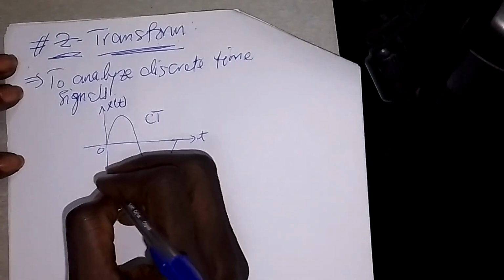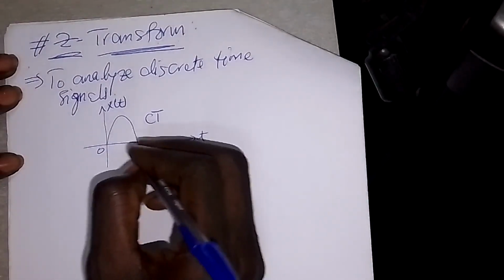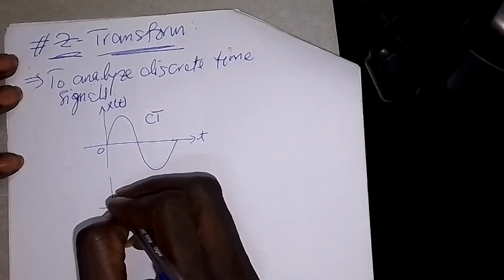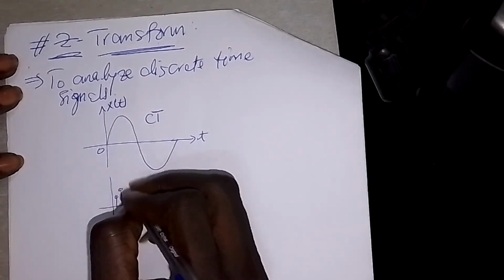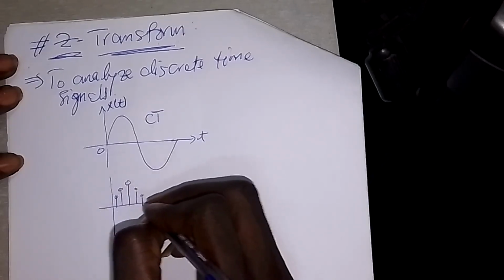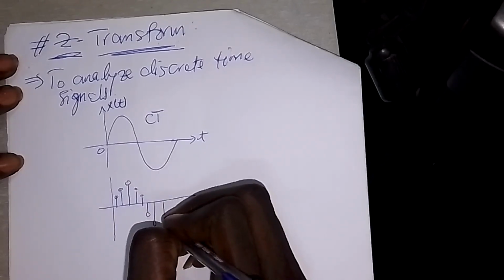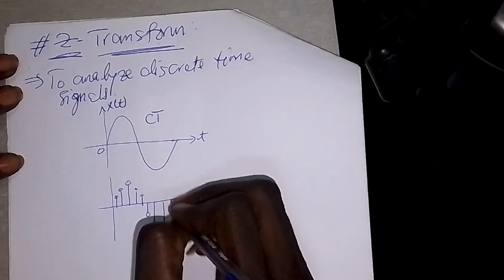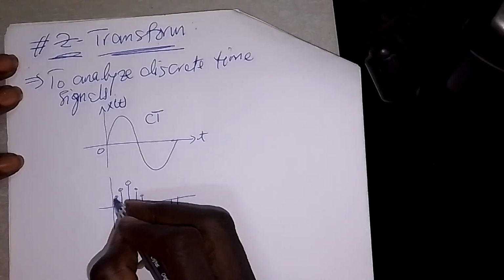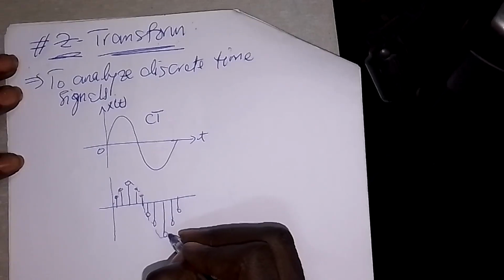From this signal I can realize another signal by taking samples of this one. You can see that this signal is very similar to the one I have above.